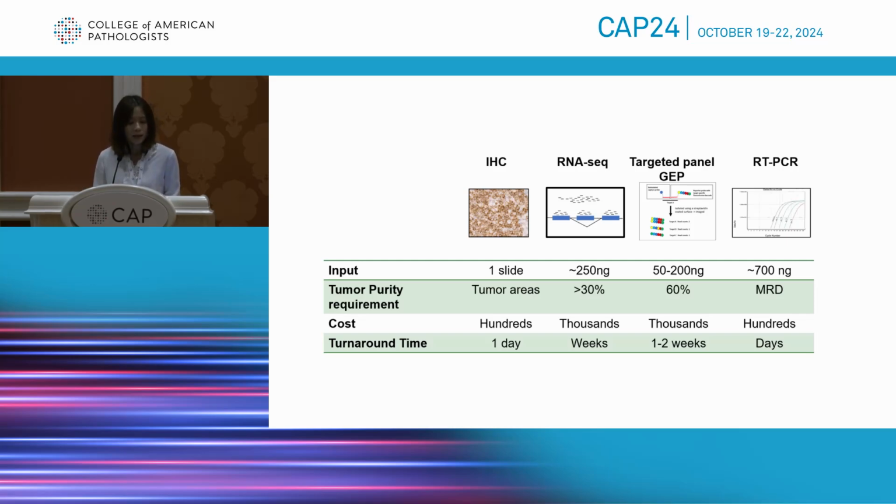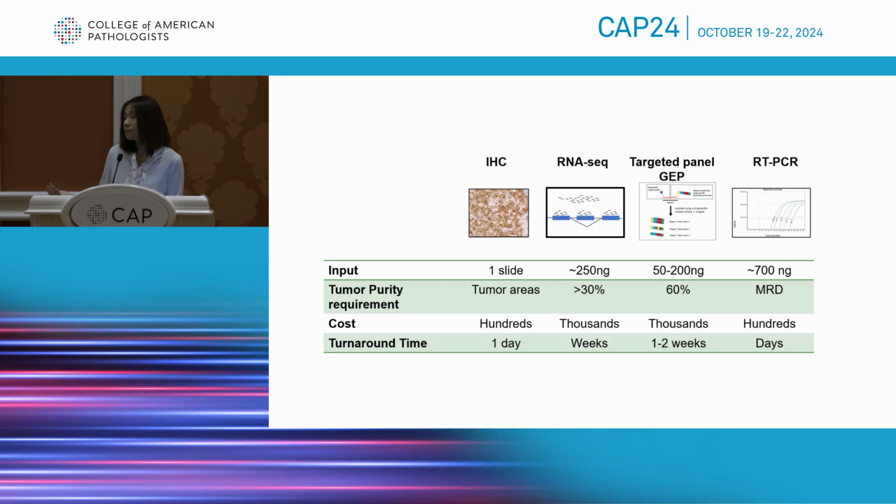RNA-seq and targeted panel gene expression profiling, like the MLPA or something like NanoString, usually require a certain percentage of tumor. The cost is definitely higher and the turnaround time is longer, but you will be able to get information on multiple genes at the same time, instead of one at a time.